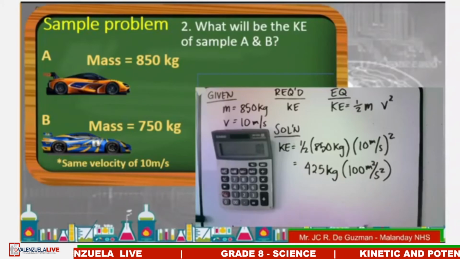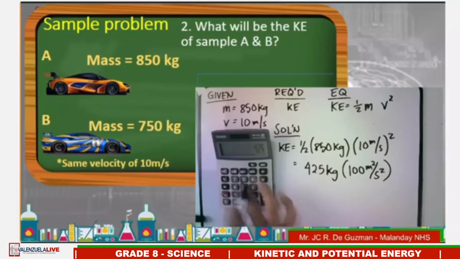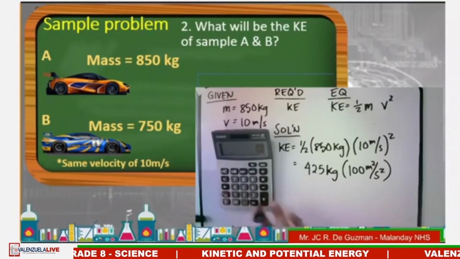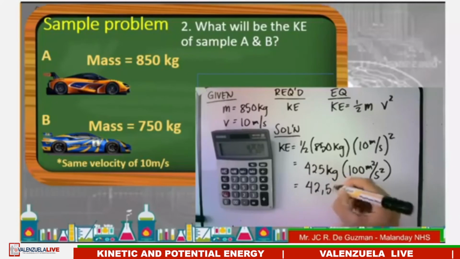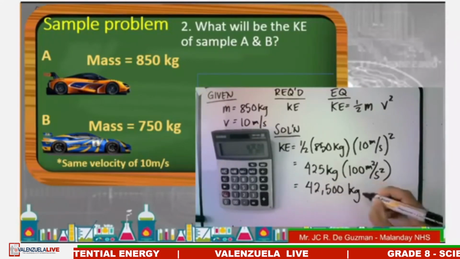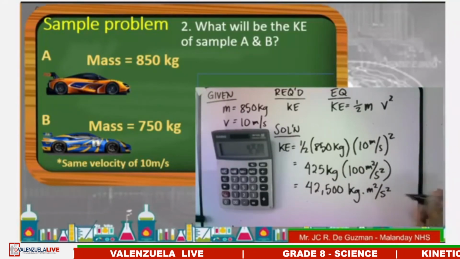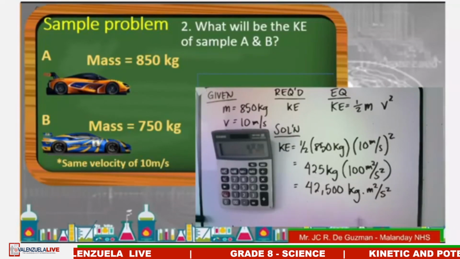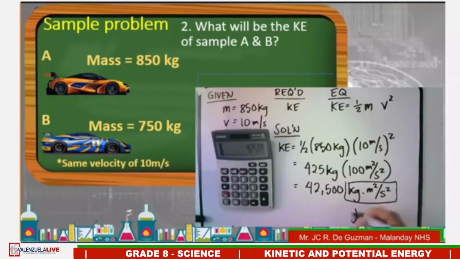Okay, so lastly, we need to multiply 425 by 100. That would give us the answer of 42,500. And for the unit, we have kilograms times meters squared over seconds squared. As we all know, this unit is equivalent to 1 joule.